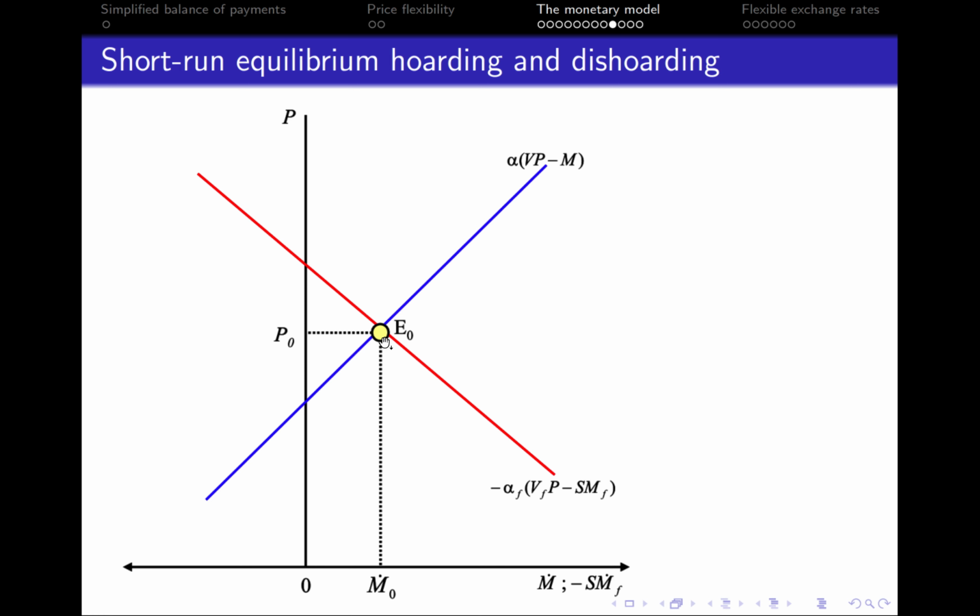Why? Look, if agents at home are now spending less, it means that domestic income is bigger than domestic spending, right? Because remember, we are still assuming that we have output at potential level. But what does it imply? It means we must have current account surplus.